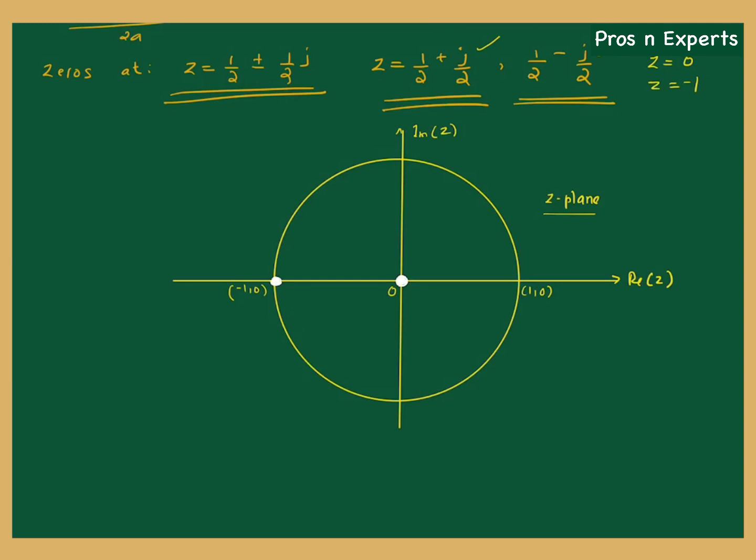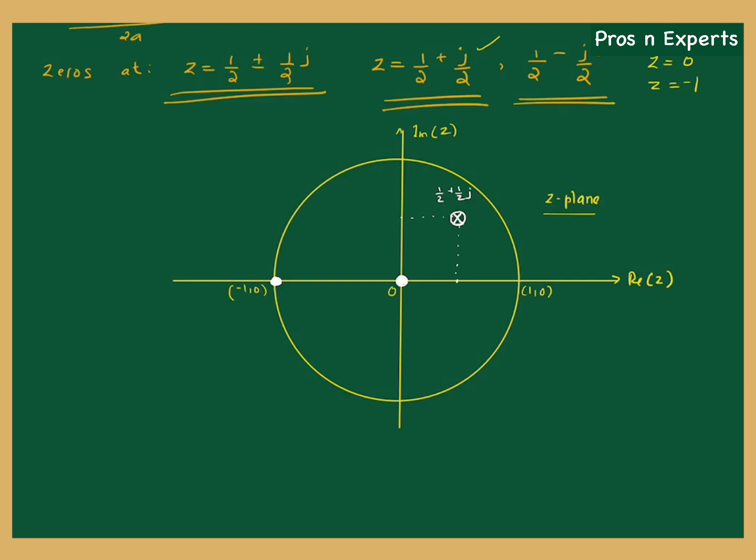Alright, now poles. What about the poles? First pole is half plus half j. Half plus half j means half in the x-axis and half in the y-axis. So they come somewhere here. Poles are usually represented by a cross mark. So this is the half plus half j pole.